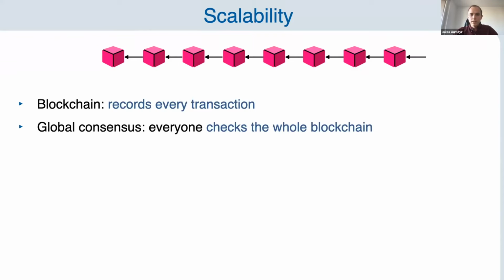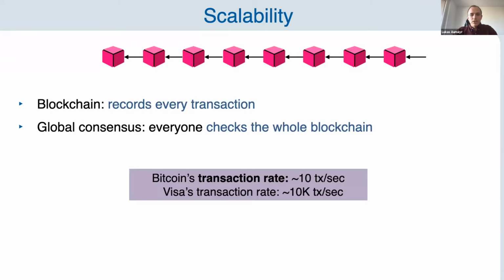So if we, for instance, look at Bitcoin's transaction rate, we will see that it manages only about tens of transactions per second, which is not a lot if we compare it to more centralized systems such as Visa, which can handle peaks of tens of thousands of transactions per second. So it's a quite big difference.